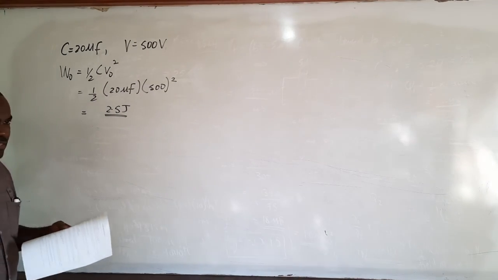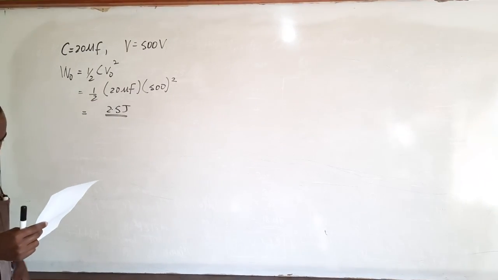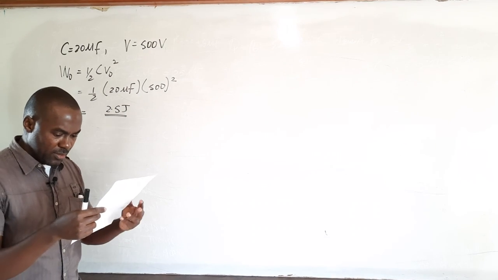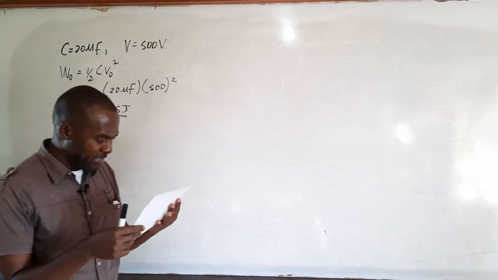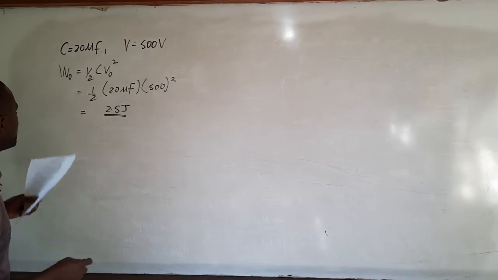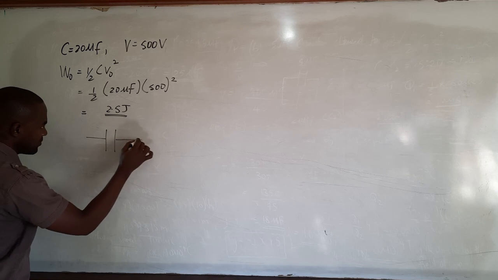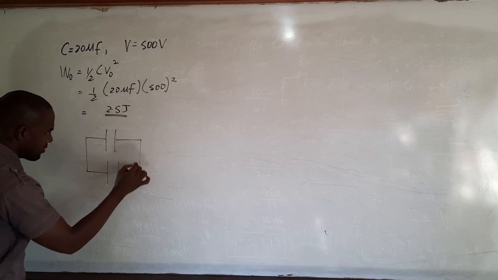Now the next part of the question tells us that this capacitor is now going to be connected across an initially uncharged 30 microfarad capacitor. So what is happening now is that we have a 20 microfarad capacitor connected across, that is in parallel with, a 30 microfarad capacitor.